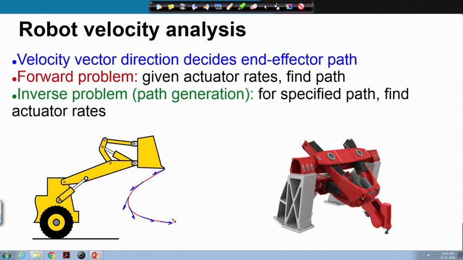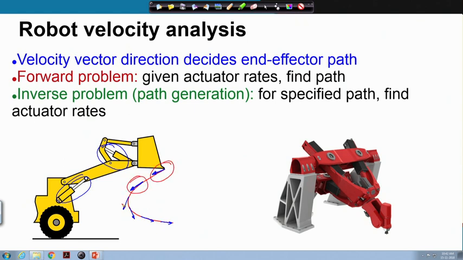As the bin moves on this path, its velocity is decided by this tangent vector. Given this position of the bin and given this tangent vector, what should be the actuator expansion rates so that this velocity is achieved at this point?